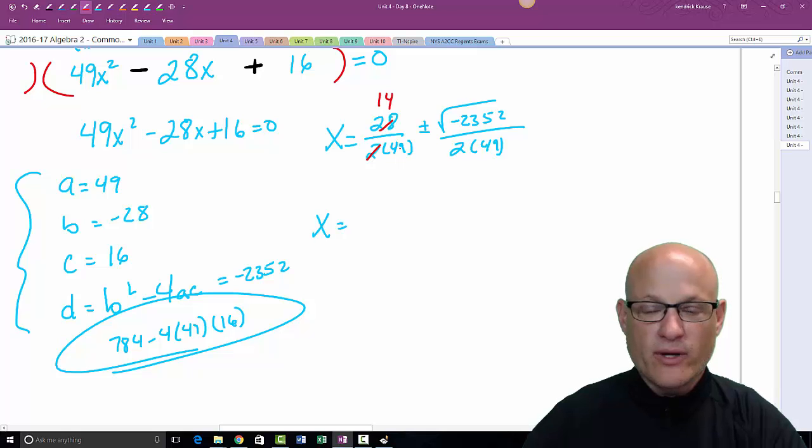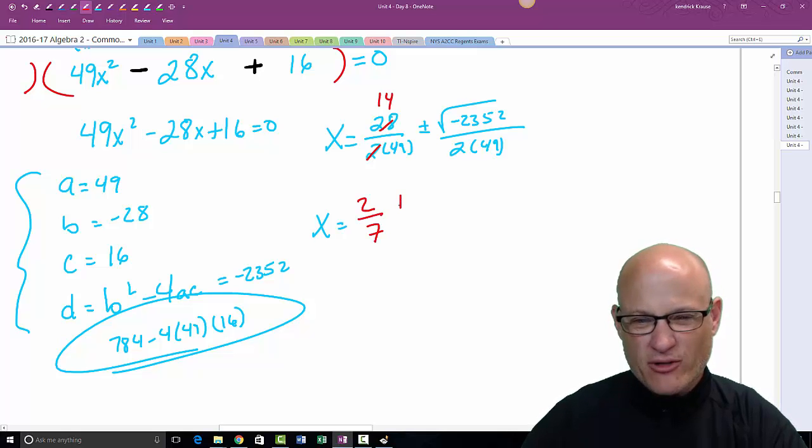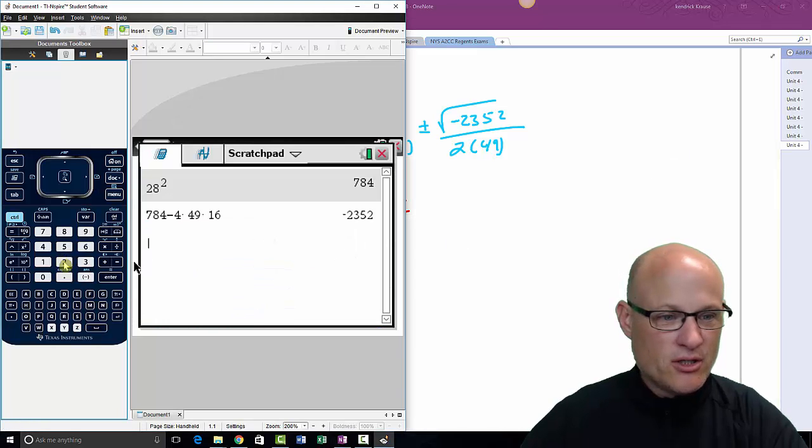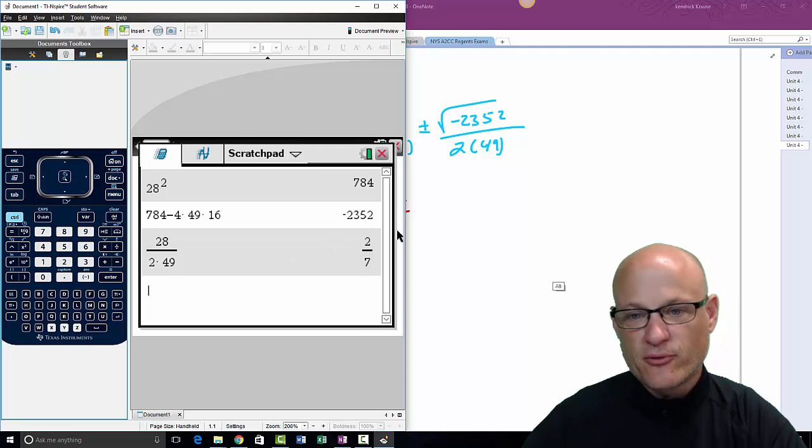Wait, let's back up. 7 goes into both of these, so 7 goes in there twice. So that's really just 2 sevens. By the way, you could have just put that in your calculator. Just go 28 over 2 times 49. It'll pop up 2 sevens for you if you want.